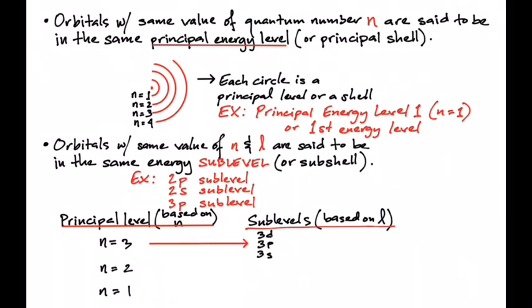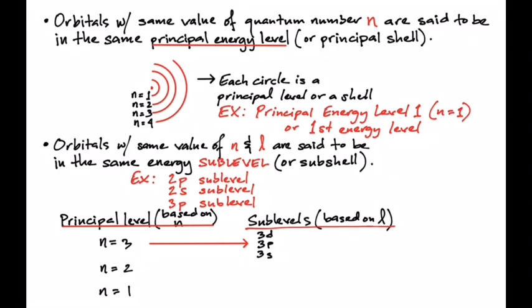And so if you have n equals 3, then you have 3 possible values of L, from 0 all the way to n minus 1, which is 3 minus 1, which is 2. So from 0 all the way to 2, 0, 1, and 2, those are 3 different values of L, and they have specific letters assigned to them, right?